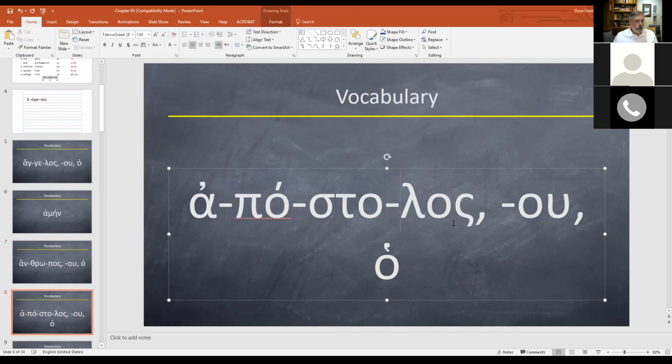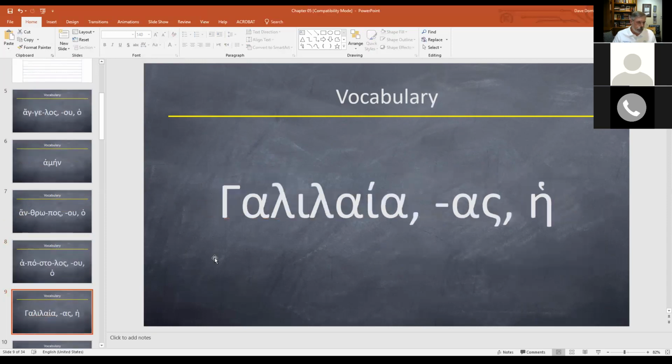Okay, very good. It means apostle, or oftentimes the one sent or the messenger. The apostle is actually the one carrying the message. He's the ambassador for the one sending, carrying the message from the one who sent him or her. So the apostle is the envoy.